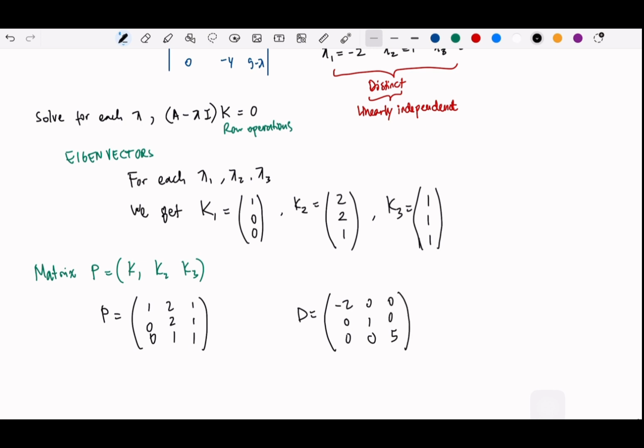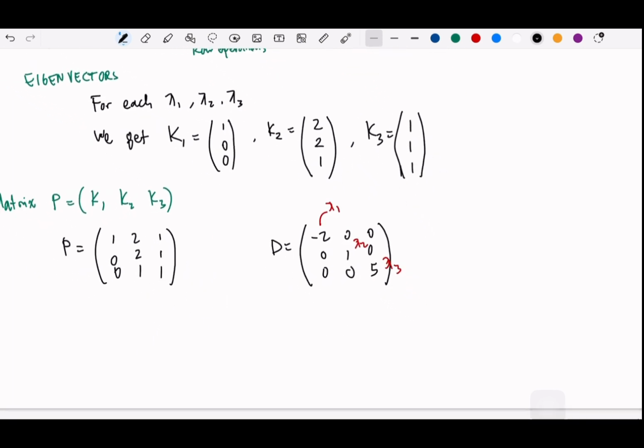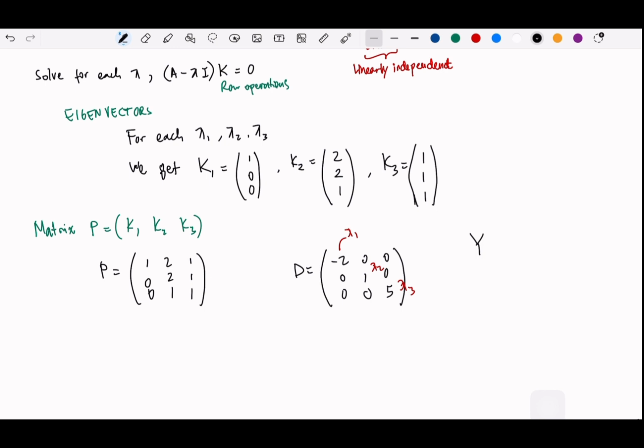But of course, we need to confirm that this is true. This is based on lambda 1, lambda 2, and lambda 3. Right? And from this lambda and our D, we could immediately get y prime equals Dy, which gives you y is actually going to be C1 e^(-2t), C2 e^t, and C3 e with power of 5t. Okay.